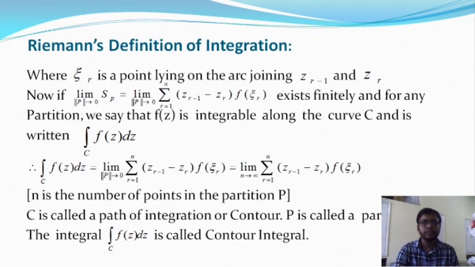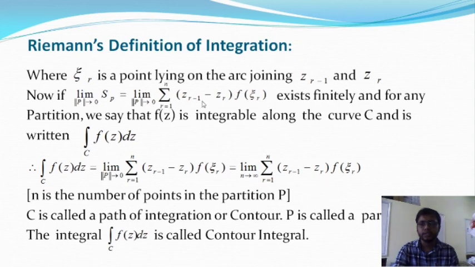Now if the limit as norm of P tends to 0 of S_P, which is the limit as norm of P tends to 0 of the summation over r equal to 1 to n of zr minus 1 minus zr into f of xi r, exists finitely, in this case we take norm of P tends to 0 on both sides.